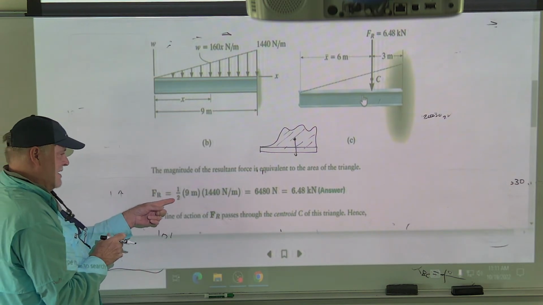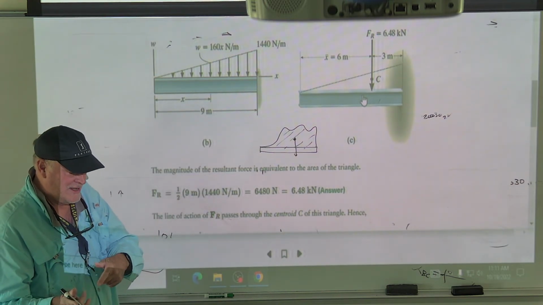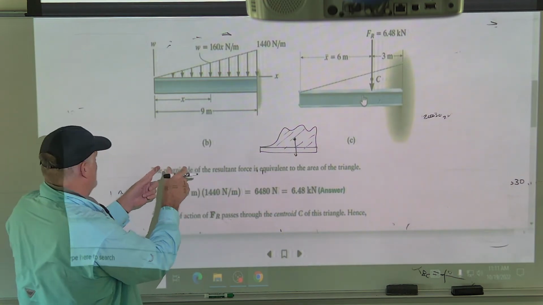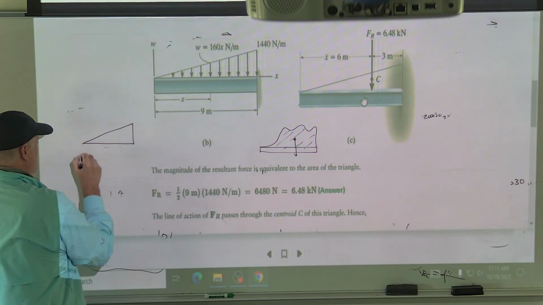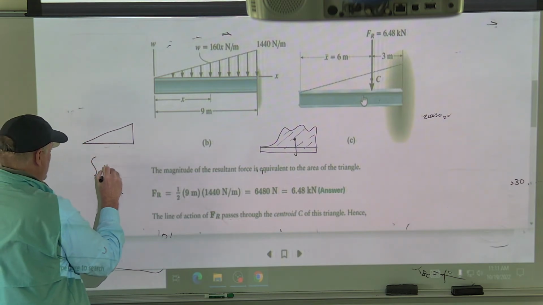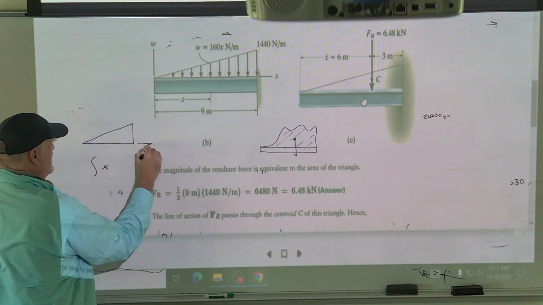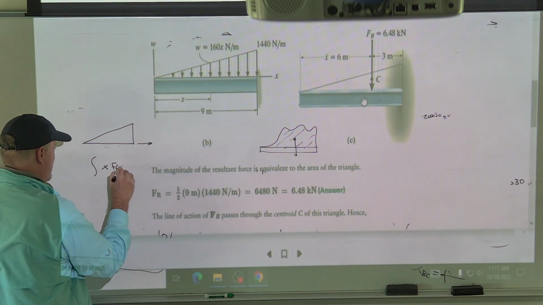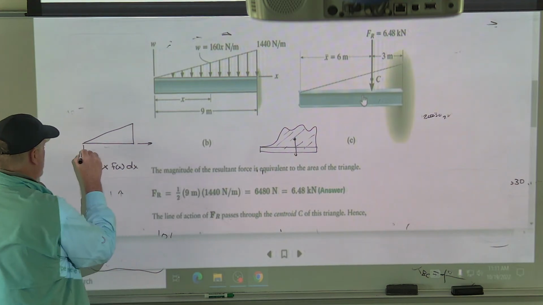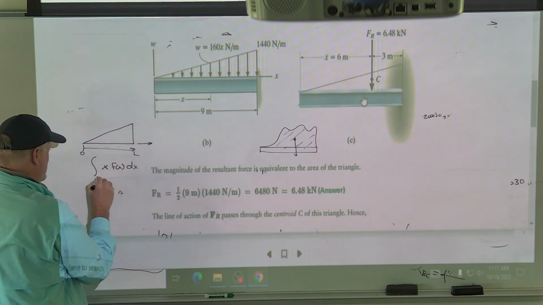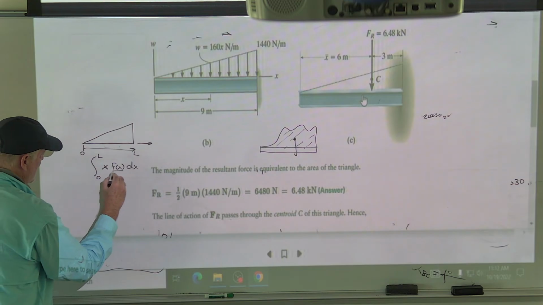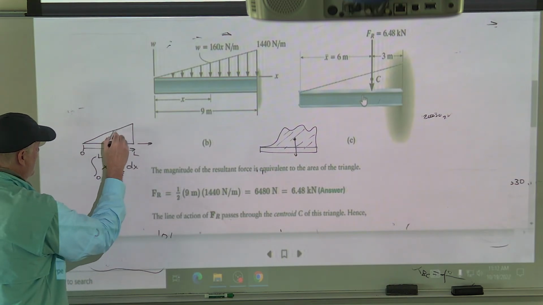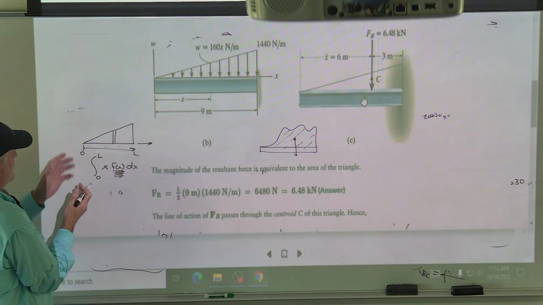Technically, that's chapter 9. However, he's already told you that, and when he had the triangle, he was doing x, if this is x, times f of x dx, from 0 to, say, L. So what you're doing is you're taking a little force diagram, and imagine, if you will, you're trying to balance.